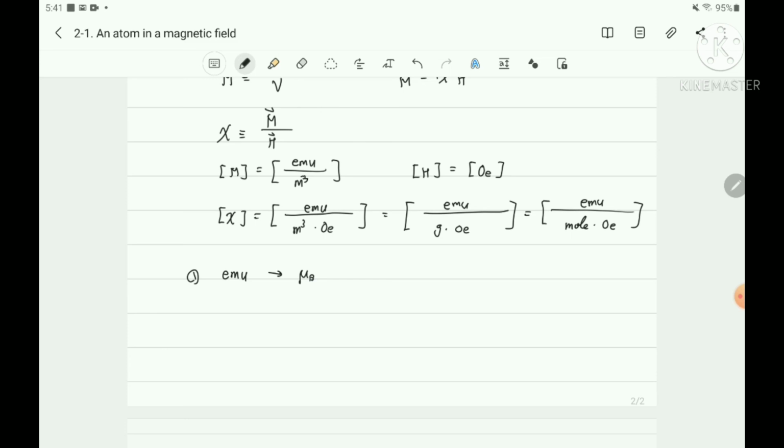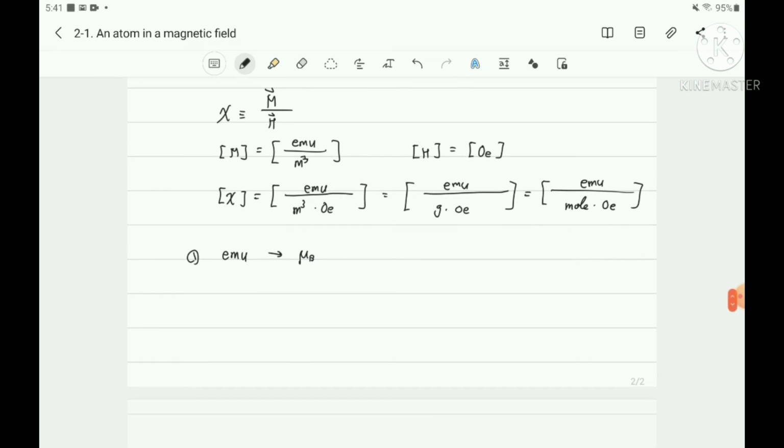How to change the dimension from emu to Bohr magneton: emu is the measurement unit, multiplied by the molecular weight, divided by the Avogadro number, the Bohr magneton, and the mass.